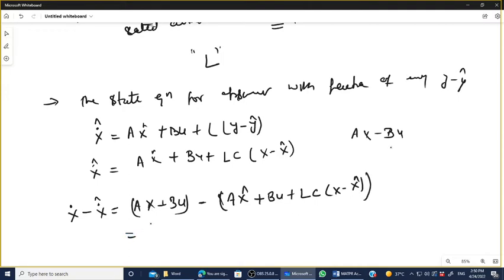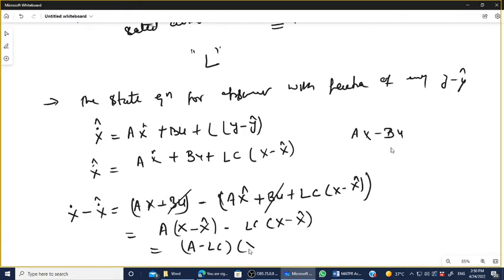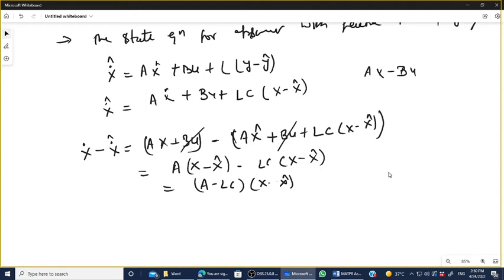So the Bu will cancel because it is independent of this one. So it will give A times x minus x cap minus LC times x minus x cap. So when you take the common term, A minus LC into x minus x cap, remember, x minus x cap. So your dynamics is changed to A minus LC.